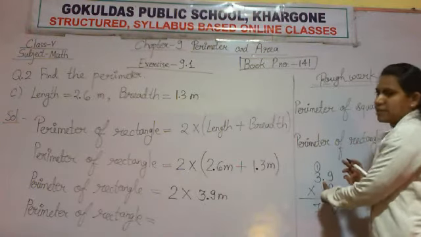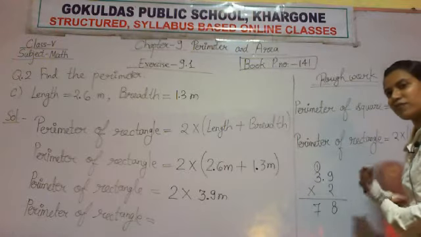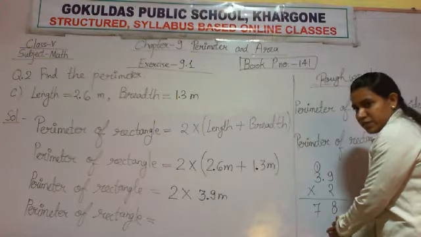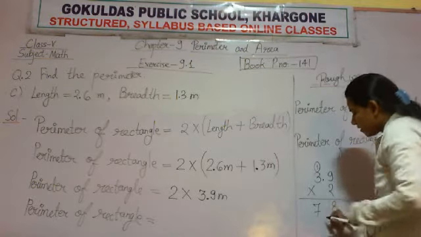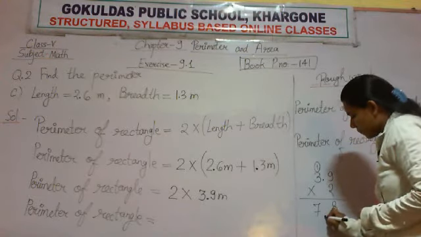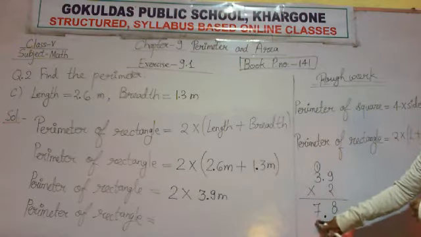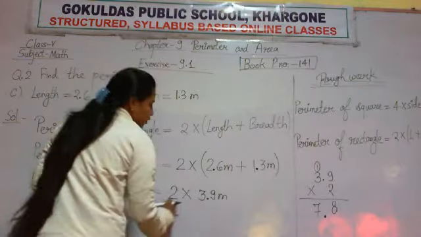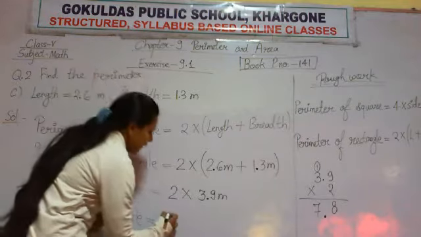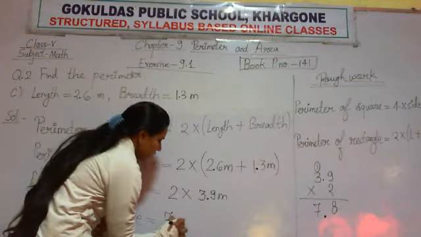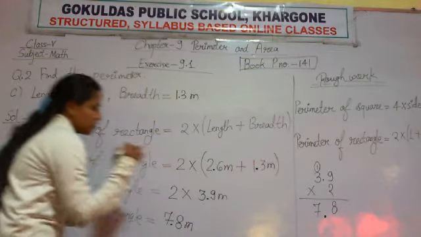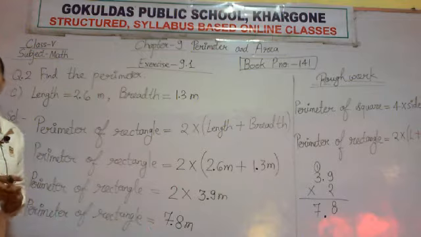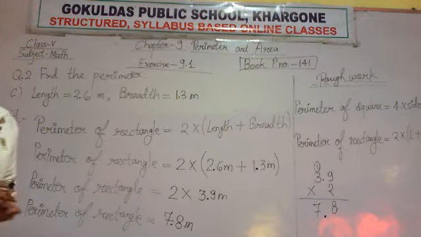After 1 digit the decimal is there. So in our answer we will leave 1 digit from the rightmost place and we put a decimal. So here our answer is 7.8. So when we multiply 2 with 3.9 meter, we get 7.8 meter. So finally perimeter of rectangle is equal to 7.8 meter.